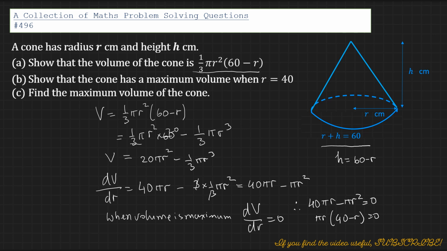So I will say r is not equal to 0 in this case, so 40 minus r equals 0, and we get therefore r equals 40.